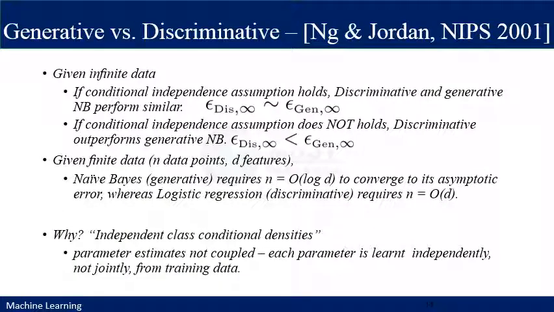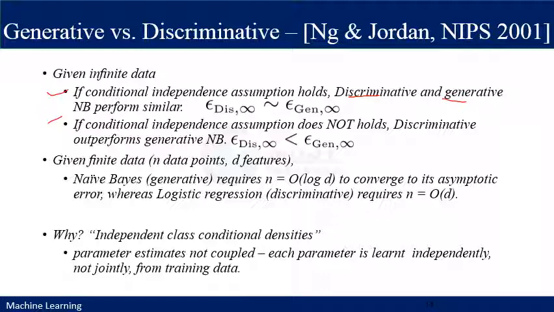So this slide further highlights the differences and their working philosophies between generative and discriminative methods. These are taken from a paper published in 2001. Given infinite data, we have two conditions here. If the conditional independence assumption holds, discriminative and generative methods perform similarly.